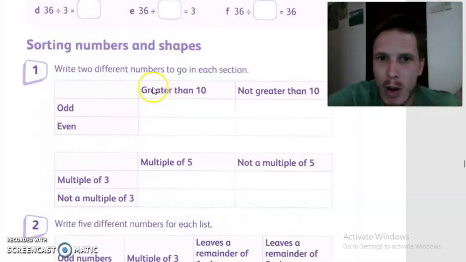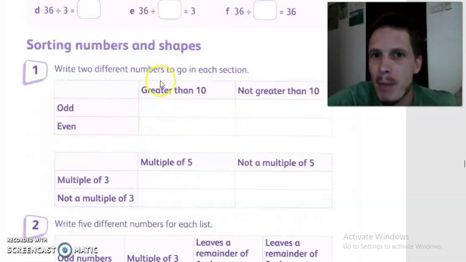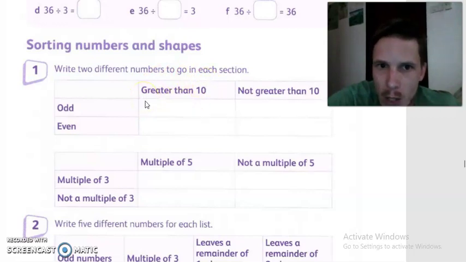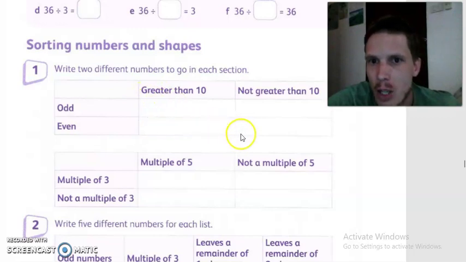An example of a number that's greater than 10 and is odd is the number 11, because if you split 11 into two groups, you cannot get two even groups, and the number is bigger than 10. So you need to think of one more number to go here, and then two numbers to go in each of the other boxes there.